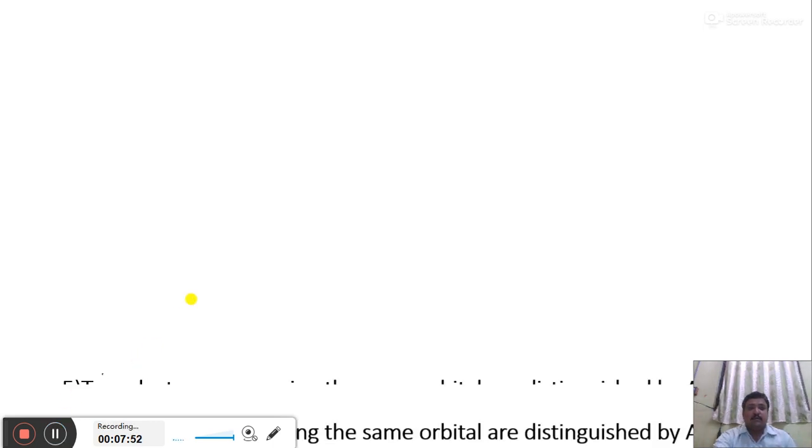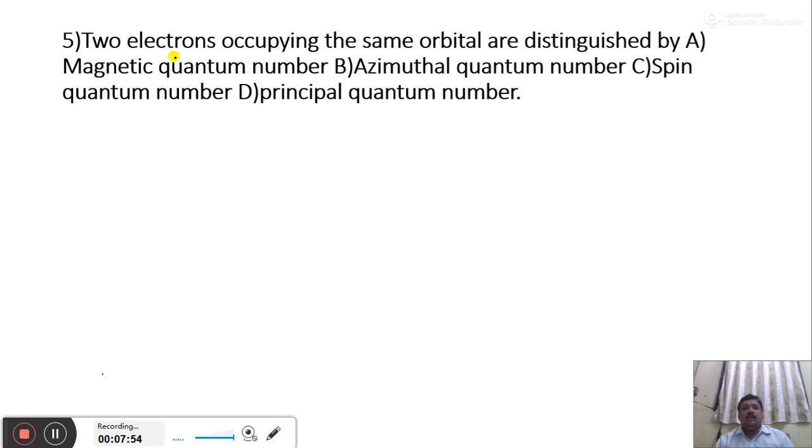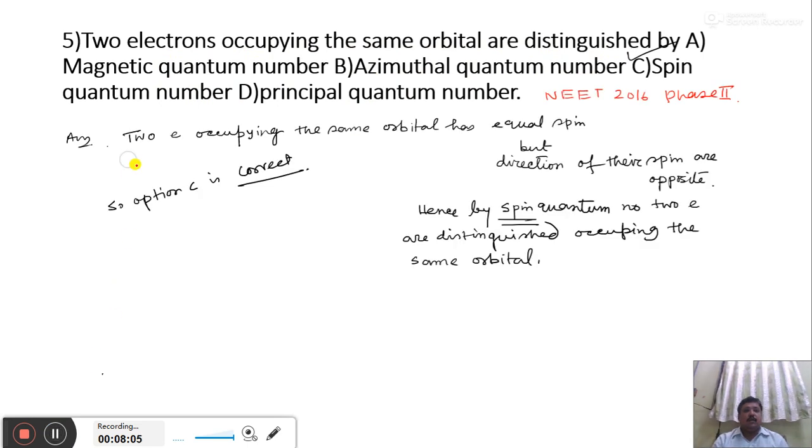My next problem is: two electrons occupying the same orbital are distinguished by magnetic quantum number, azimuthal, spin or principal quantum number. Now the answer is: when two electrons occupying the same orbital have equal spin but the direction of the spin is opposite, which may be clockwise and anti-clockwise.